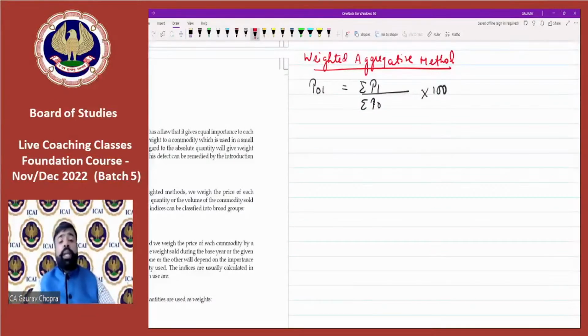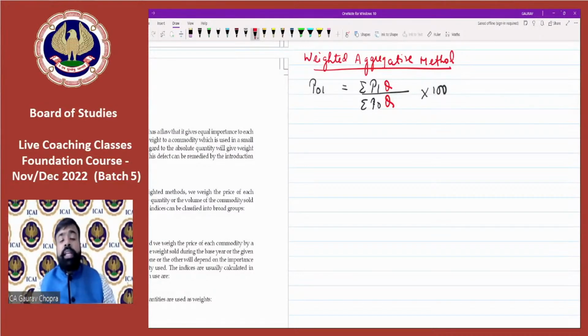So in case of price index number, we can take quantity as weight. So normally quantity is taken as weight in price index number. So this becomes the formula: sigma P1 into Q upon sigma P0 into Q multiplied by 100.